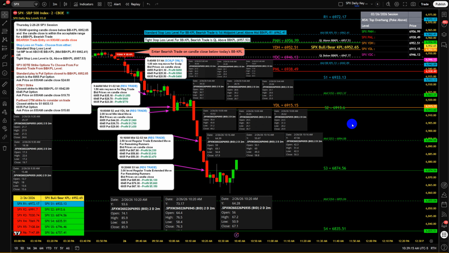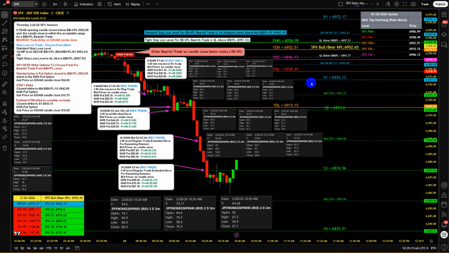However, that is again up to the trader's choice. If you're looking to do minimal scalps and you want to go under the 2 to 1 ratio, that is up to you, but 2 to 1 is the default. Or if you're looking for more of a maximum reward type of trade versus your risk, then you can go all the way up to a 30 to 1 reward to risk ratio.